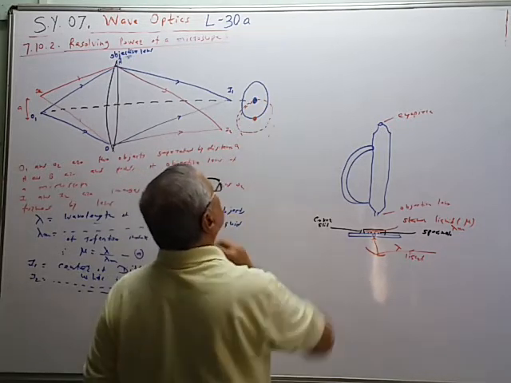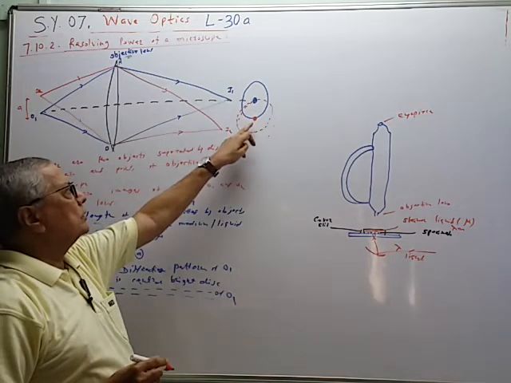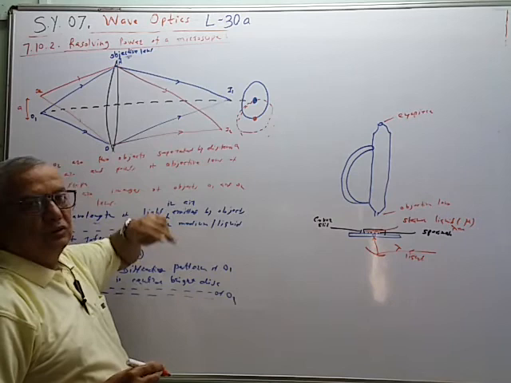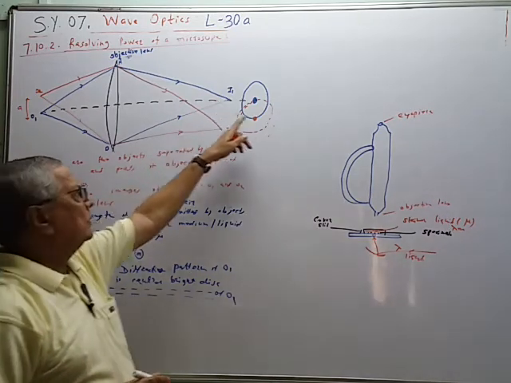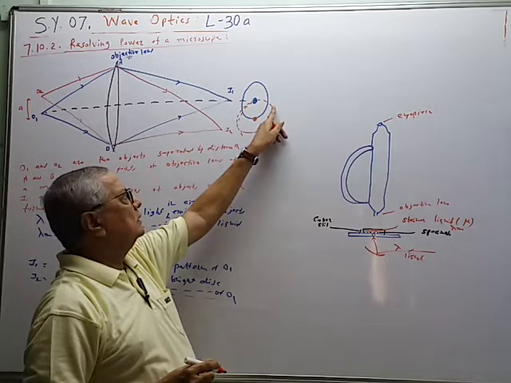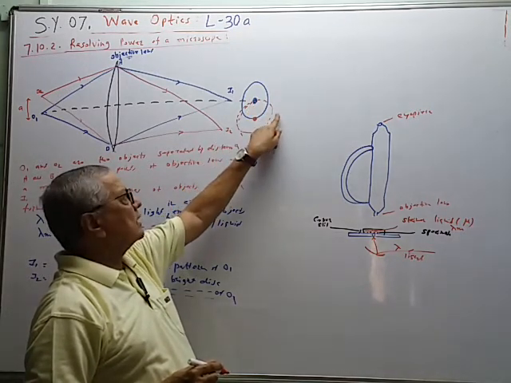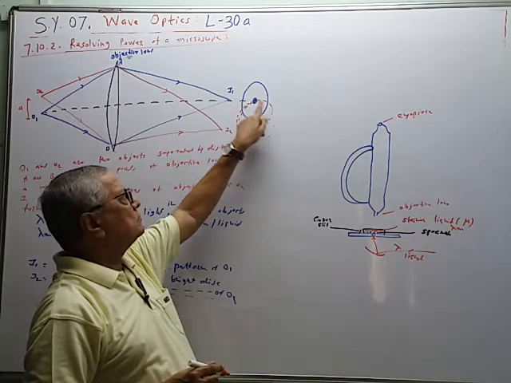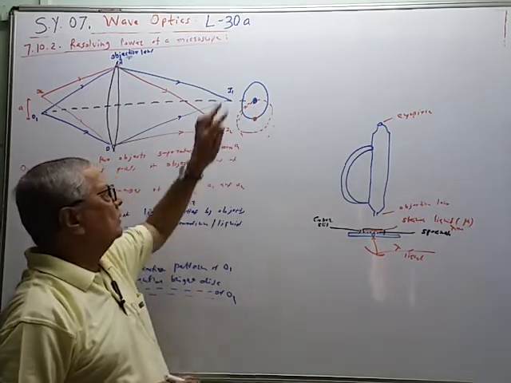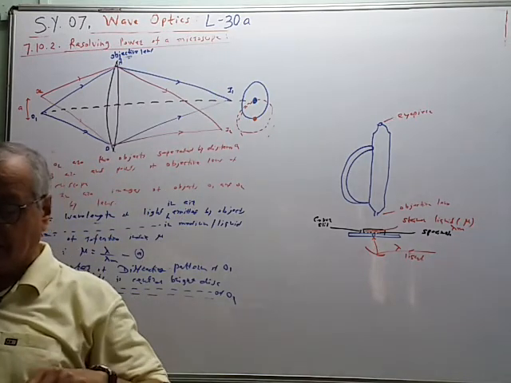Like this. So these are the Airy disk patterns of object O1 and object O2. These are the central bright disks. So Rayleigh's criterion is fulfilled. The first dark ring of one diffraction pattern is coinciding with the central bright disk of the other diffraction pattern. So the condition of resolution is satisfied like this.